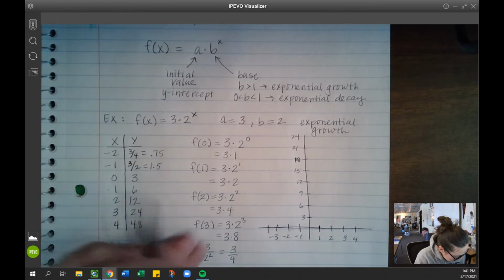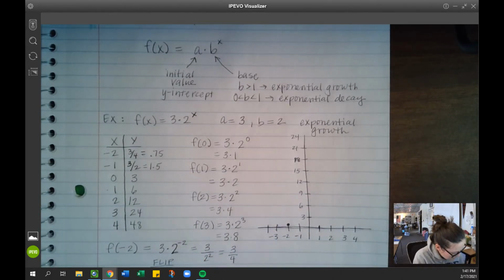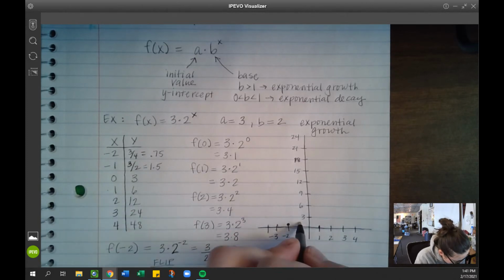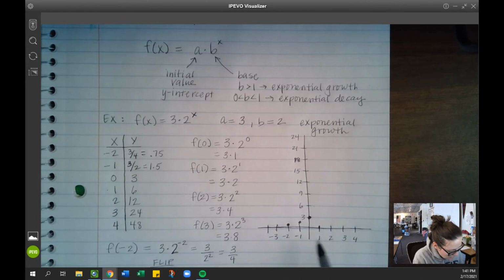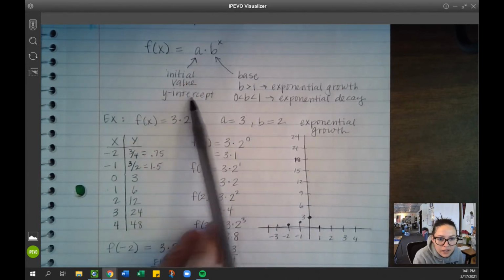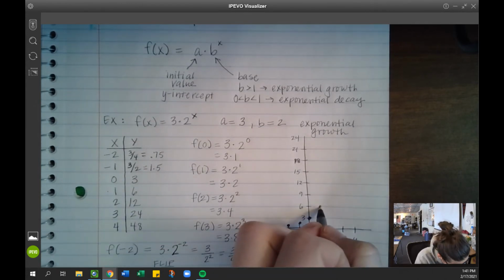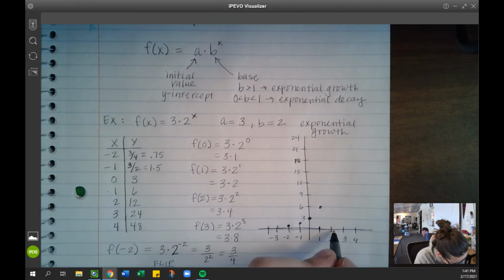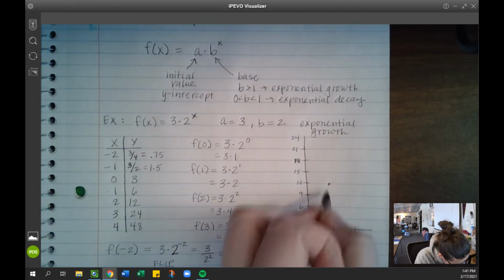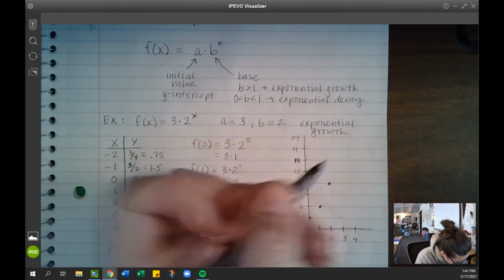All right, so I'm going to plot these points here. Negative 2, just above the x-axis. Negative 1. 0, 3. And remember, there's our a value. And the initial value is always going to be the y-intercept. 1, 6. 2, 12. 3, 24. All the way up there.